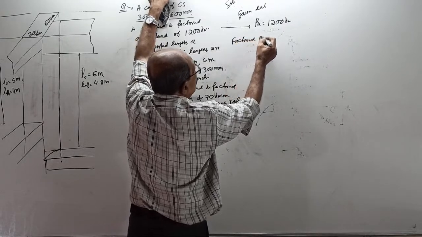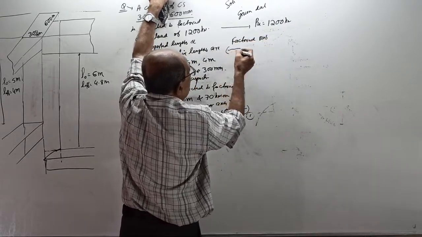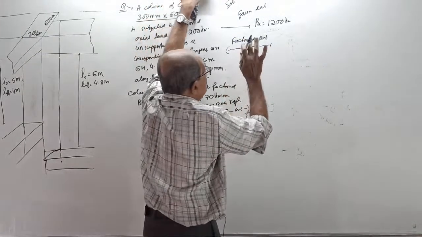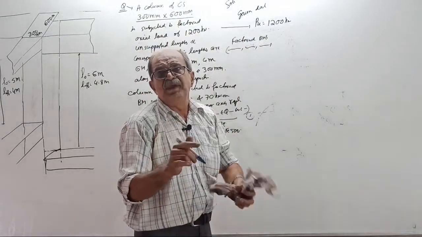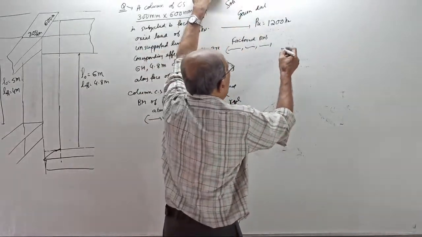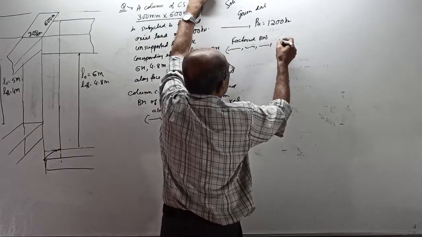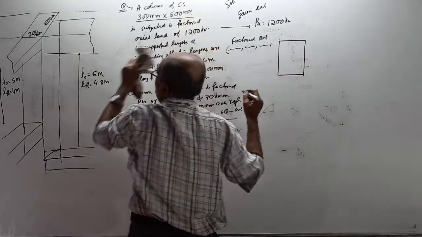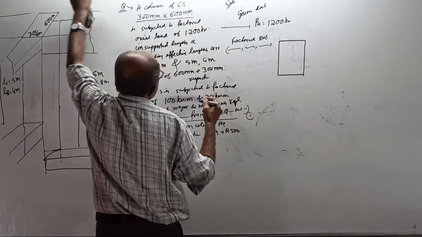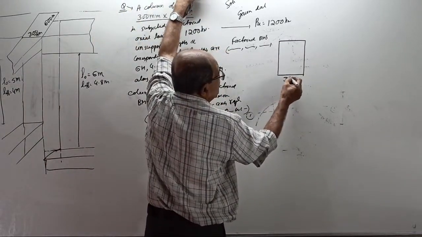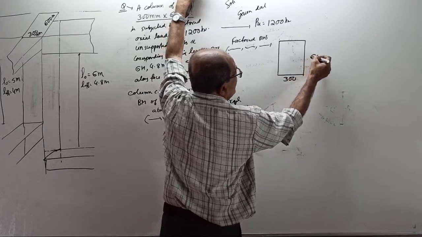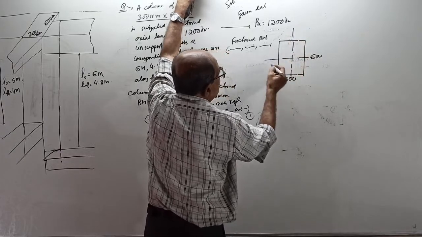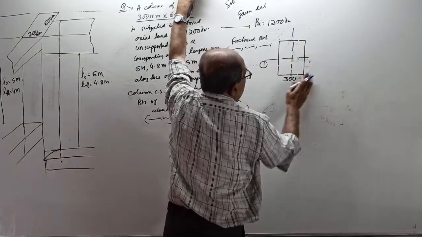Factored BMs right here, due to frame action or earthquake or wind load, we don't know. This is the actual BM given by analysis, or I will take the cross section like this. As per my sketch, front side 300, this way 600. I will take 300 here and 600 here. Now, see correctly. This is one axis. One minute, I'll put somewhere here.